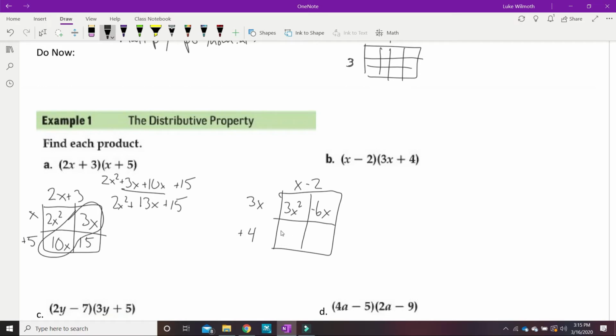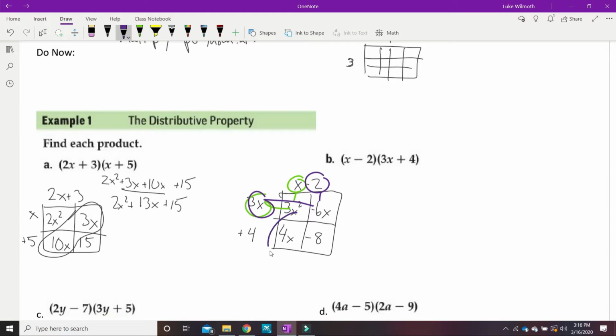X times 4 is 4x. And for this box here, negative 2 times 4 is negative 8. I'm just multiplying this number times this number and it goes here. This number times this number goes here. And we do that for each combination.